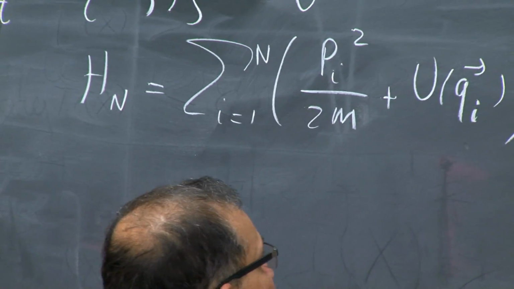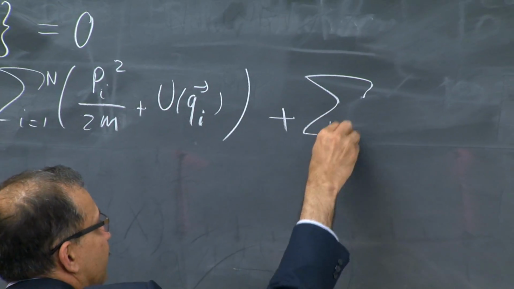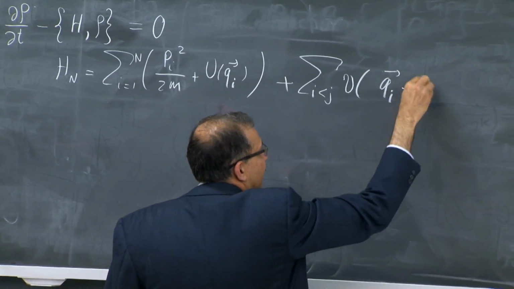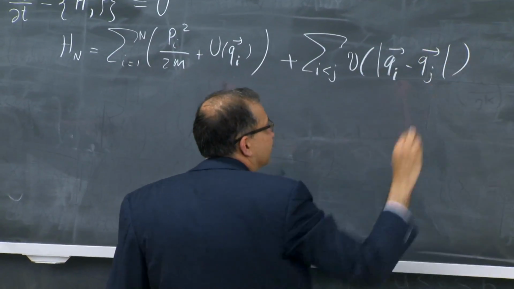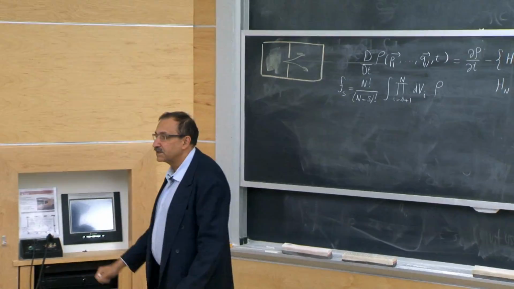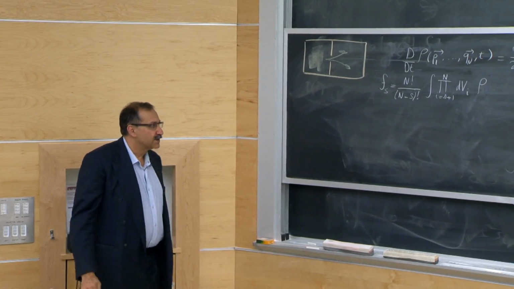And we added a two-particle interaction, a function of qi minus qj, which for the sake of simplicity, let's imagine, is spherically symmetric, only depends on the relative position of these particles.